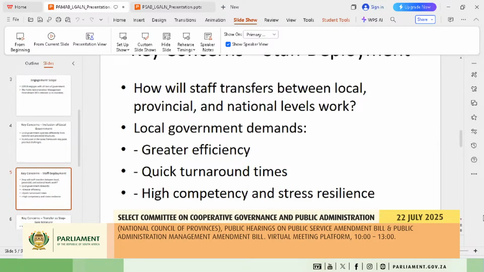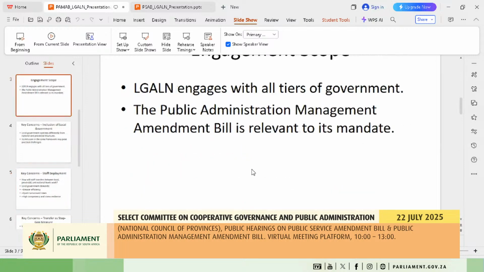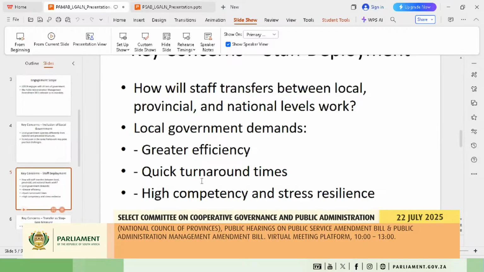Also, the staff transfers. As I've said, local government demands greater efficiency, quick turnaround times, high competency, and stress resilience. We're not sure if these have been taken into account.